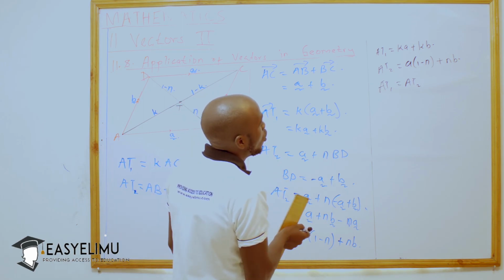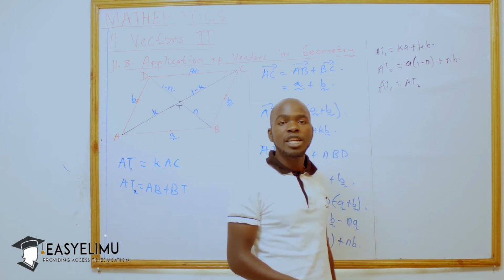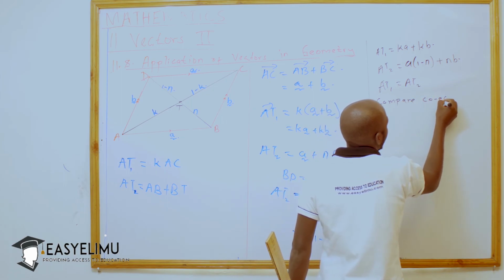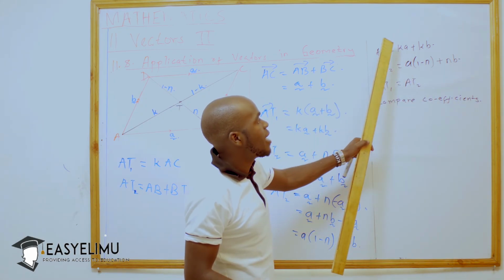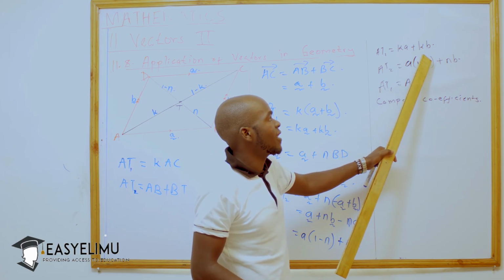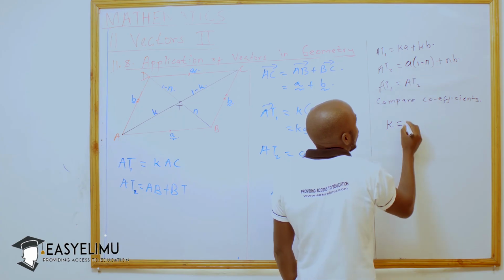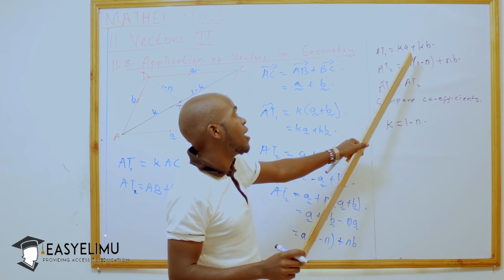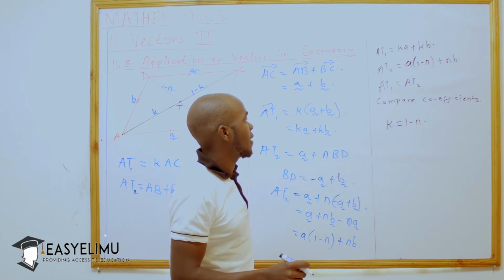So in that case, we are going to equate the two, and we shall now compare the coefficients. If we compare the coefficients, we are going to have Ka here being equal to A into 1 minus N. So A shall cancel out, and we shall have K equal to 1 minus N, because K and 1 minus N are the coefficients of A in both cases, respectively.